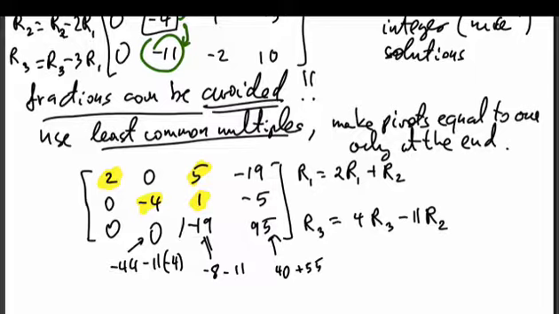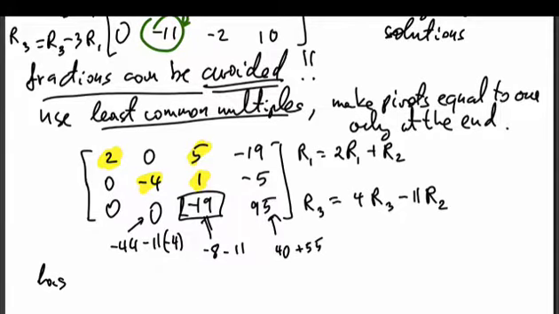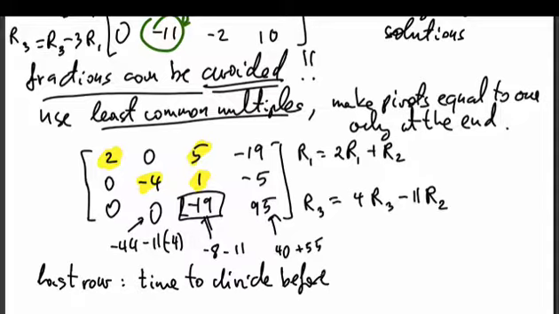So then I got to the last row, to the last pivot. The first non-zero entry in the last row is this pivot entry then. Now, once we are in the last pivot row, it is time to divide, because this row doesn't change anymore. We are now going backward once we reach the last row. So time to divide before going back up.